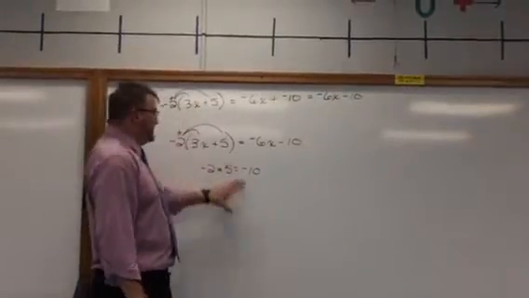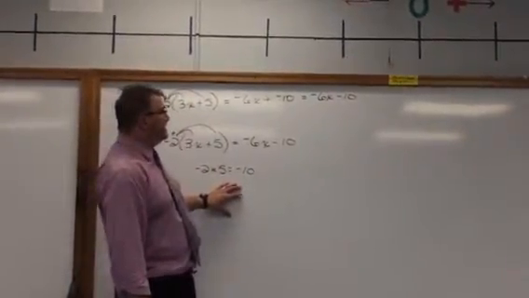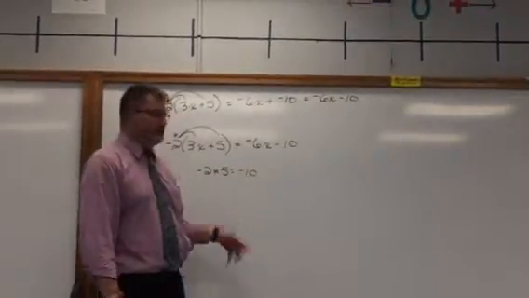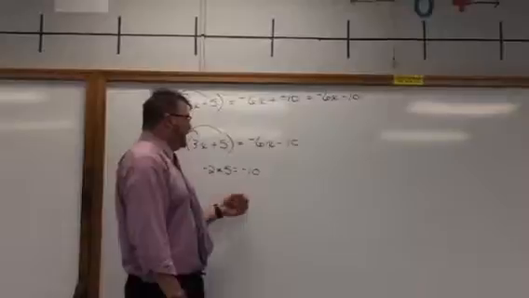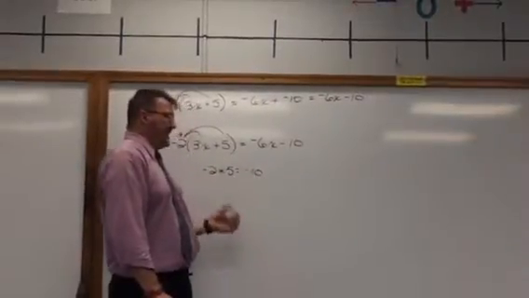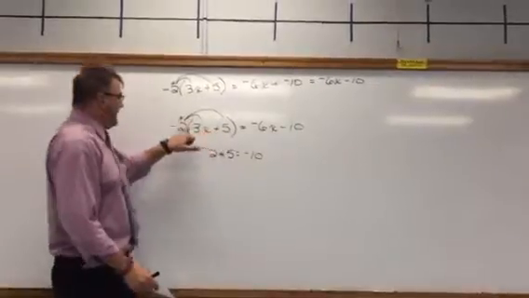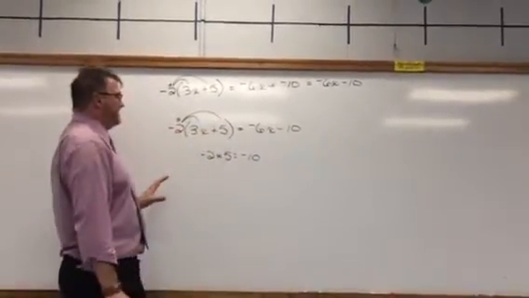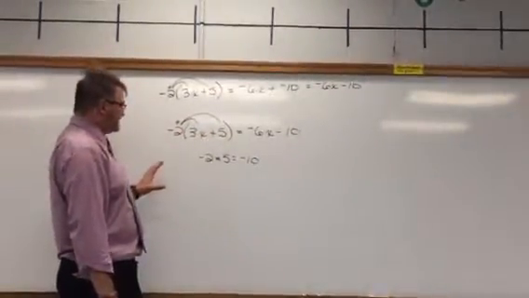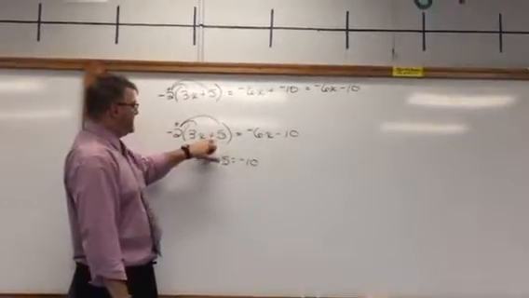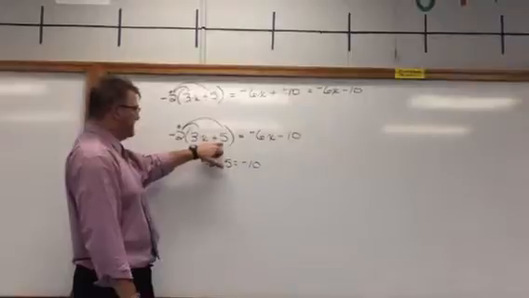So addition is positive and positive is addition. They're both plus. Negative is subtraction and subtraction is negative. They're both minus. So if you look at it like that, we are seeing this as a plus 5, as a positive number.